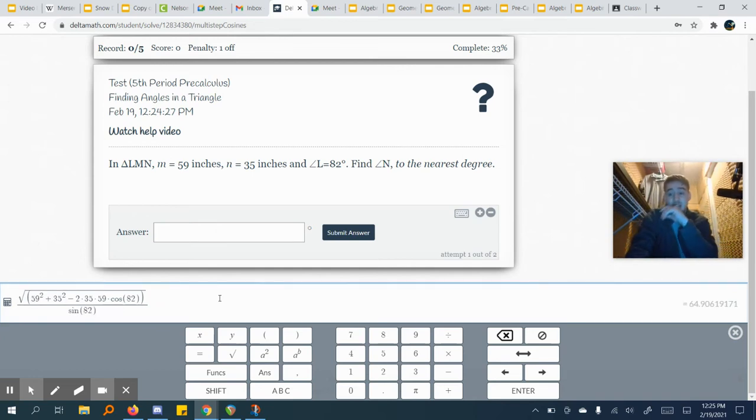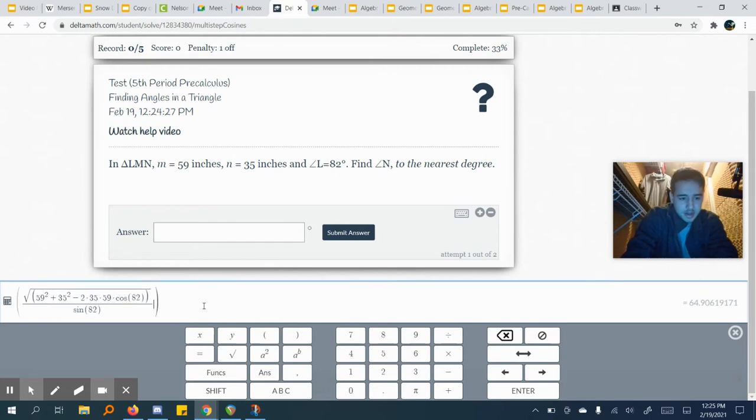And we need to show that that is equal to 35 over sine N. And we can rearrange by simply saying sine N is 35 divided by this whole big mess. So we're going to actually just go ahead and take big parentheses to grab the whole thing, say 35 over that stuff.